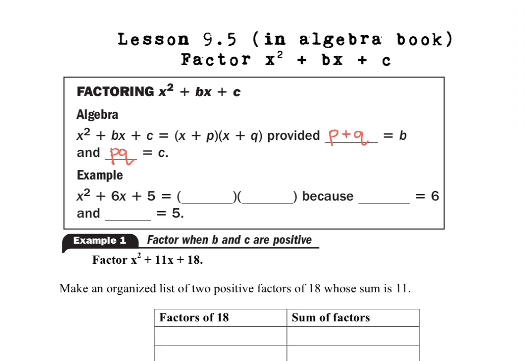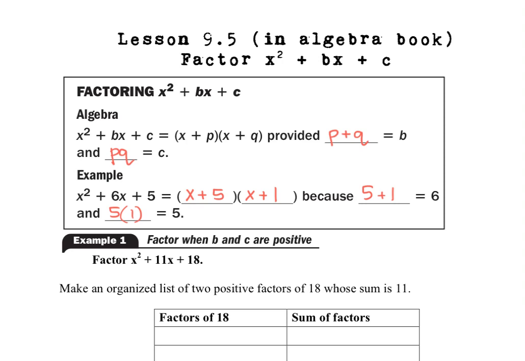So here's another example. We have X squared plus 6X plus 5. So I need 2 numbers, P and Q, that are going to add to 6 and multiply to 5. Well, I can say here X plus 5 times X plus 1, because 5 plus 1 is 6 and 5 times 1 is 5.